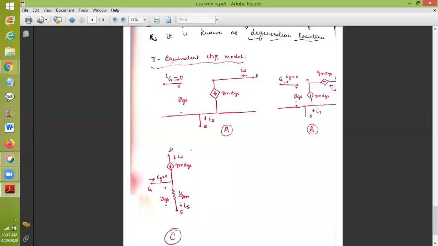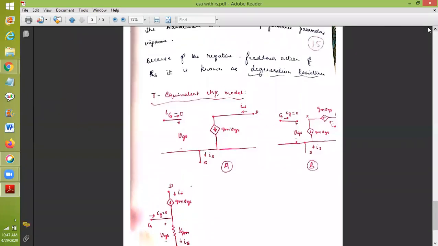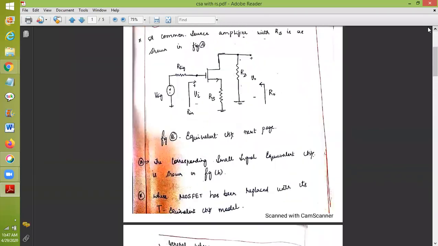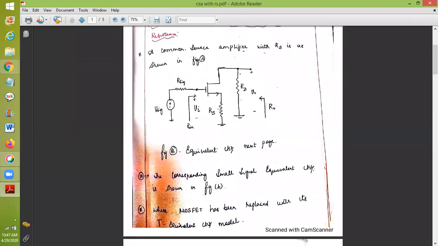We have to draw the T model. This is the hybrid pi model. Why are we going for the T model? Because the analysis becomes easier when the resistance is attached to the source. So when the resistance is attached to the source, we go for the T model. When the resistance is not attached to the source, we go for the hybrid pi model.